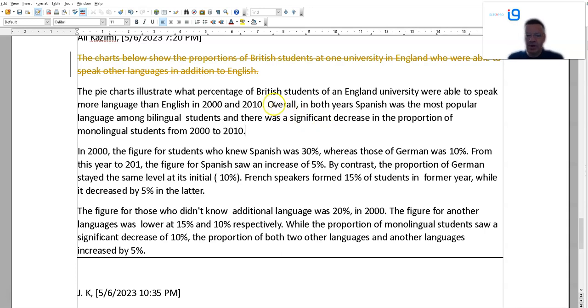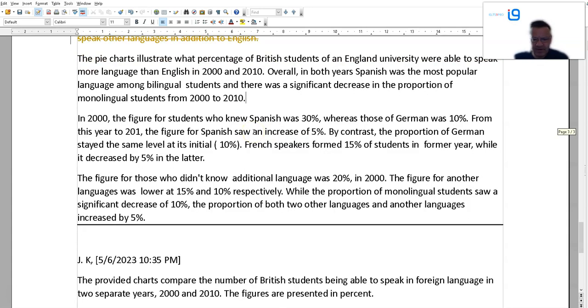Not a decrease. So that's kind of what the overview should be, but it's an increase in language speakers, not a decrease in the number of people who could only speak one, which is kind of a negative decrease, if you see. How can that be?